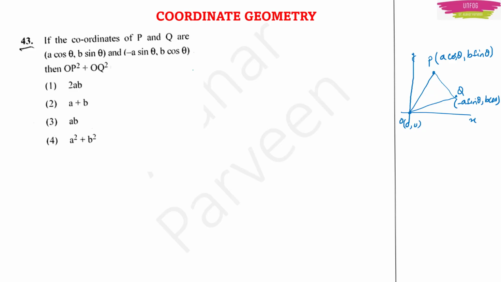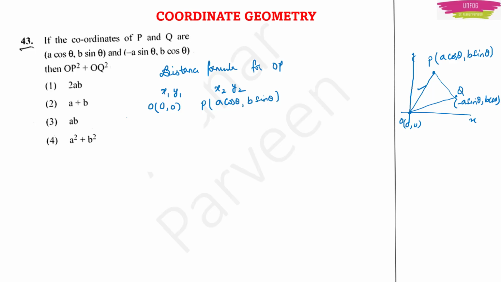So here you can easily apply the distance formula. So according to distance formula, for OP, means this line, you have x1, y1, x2, y2, and for origin it will be 0, 0, and for P the coordinates are a cos theta, b sin theta.